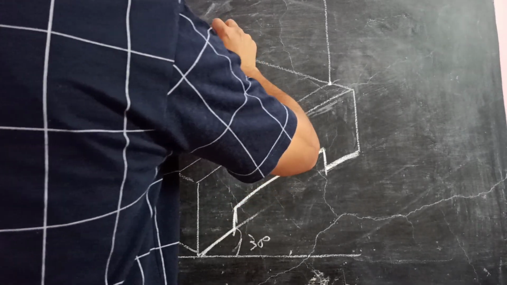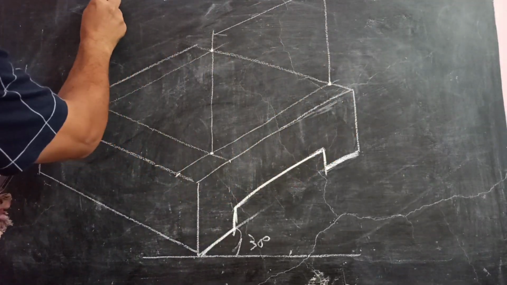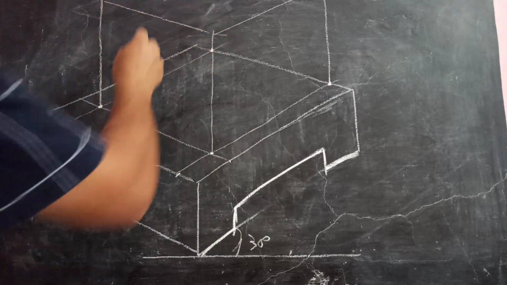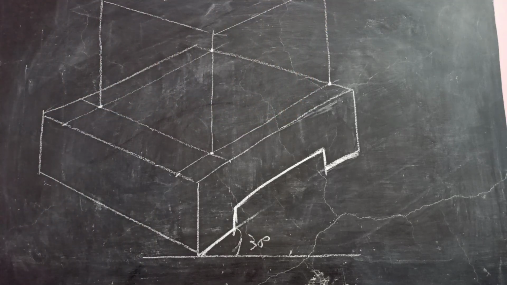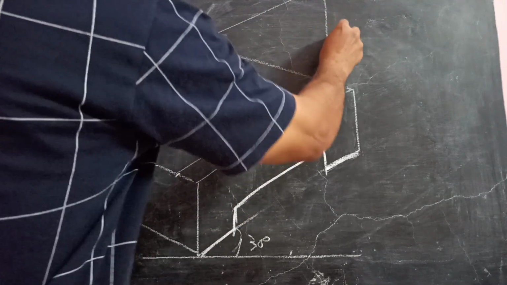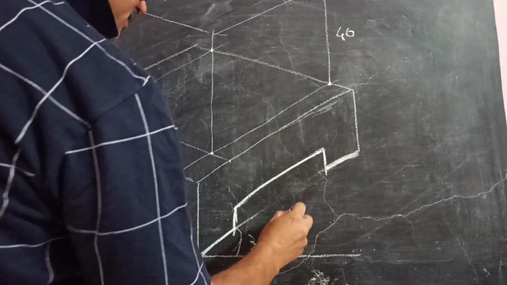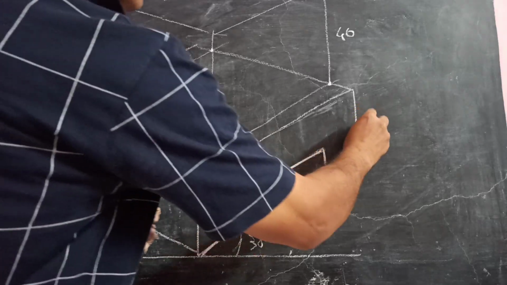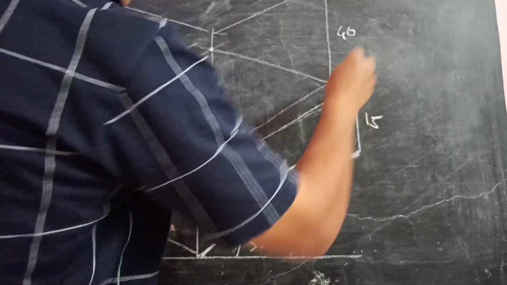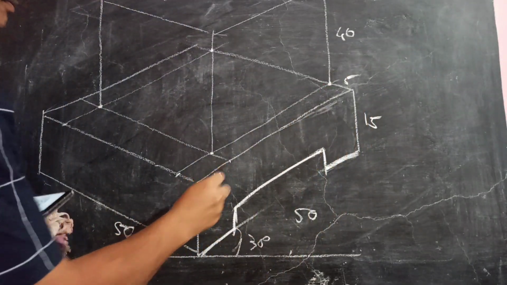So this will be 40, this is 40, then you can complete this, so this is 40 by 40. This is 40, this is 50, this is 50, this is 15, this is 5, this is 10.